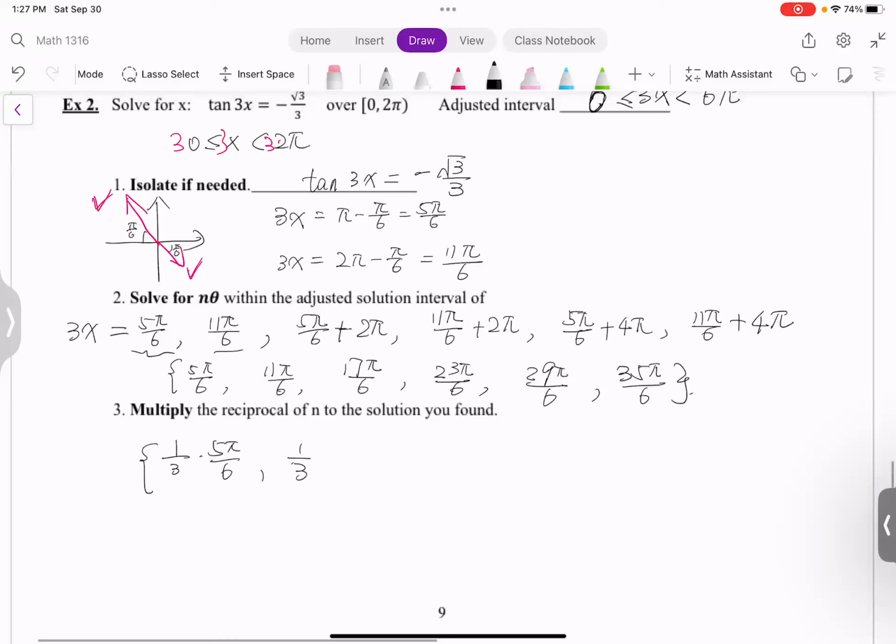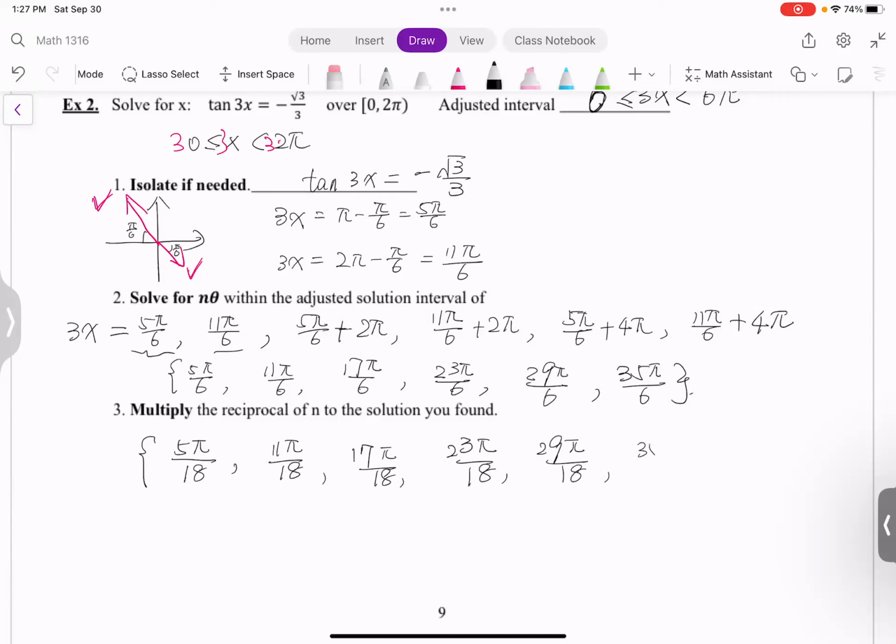I don't want to do the multiplication, so I skip the step and just list the solutions here. 5 pi multiplied by 1/3 is 5 pi over 18, 11 pi over 18, 17 pi over 18, 23 pi over 18, 29 pi over 18. The last one is 35 pi over 18.